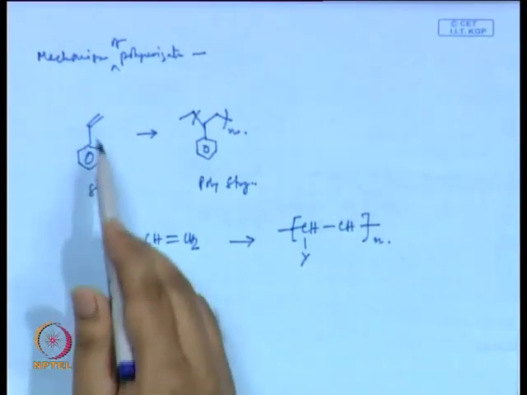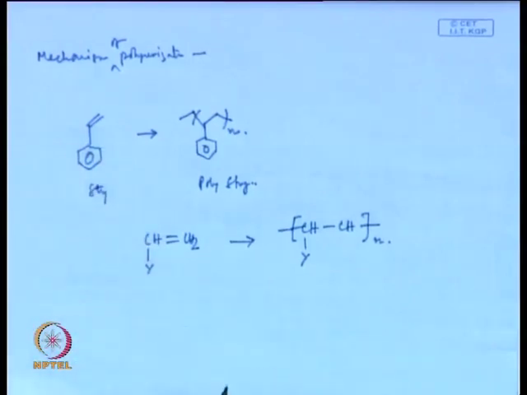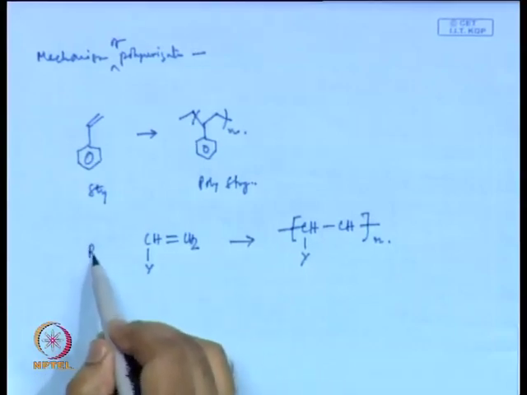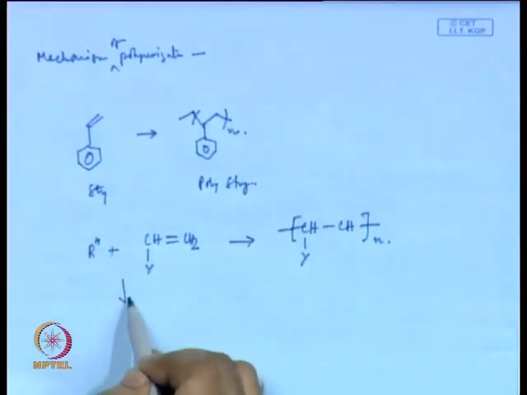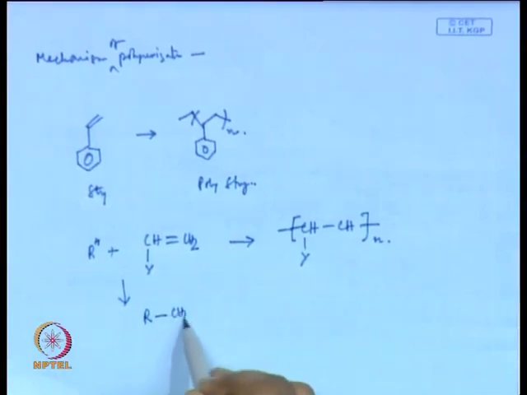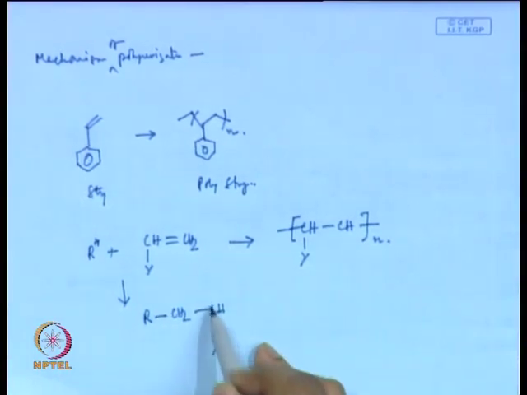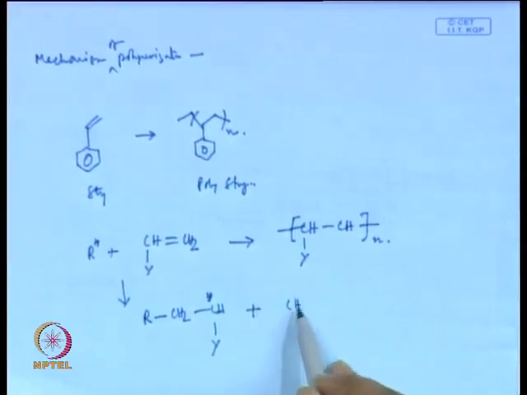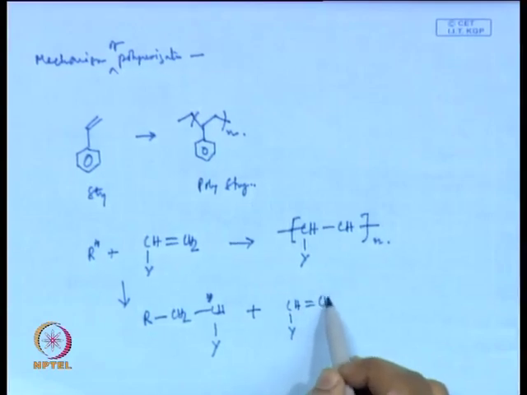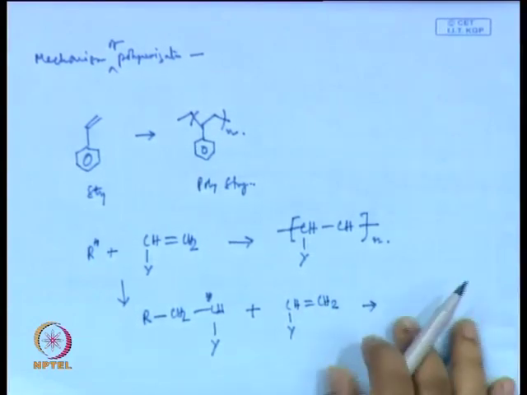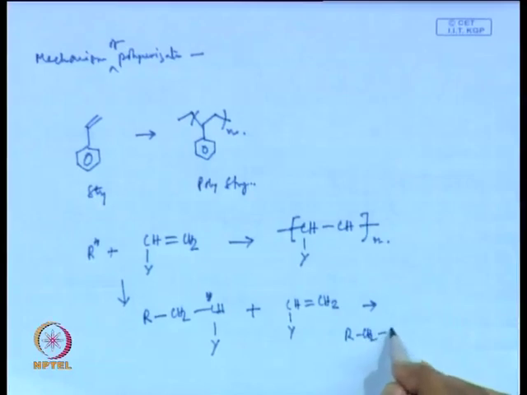In this case, these monomers cannot react with each other just by themselves. So, you need an initiator, whether the initiator is a radical or a cation or anion, it has to initiate a chain. So, if you react with, say, this is the initiator, you get an active center here, on which the second monomer gets added, and you have this.